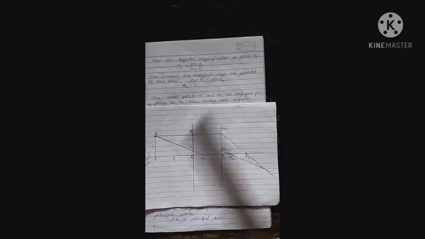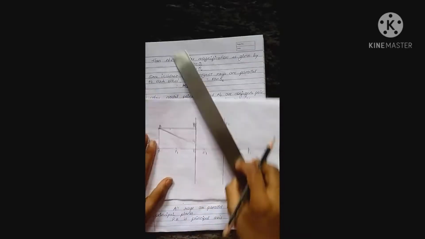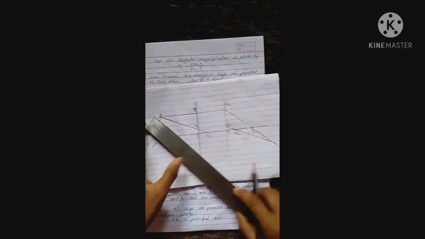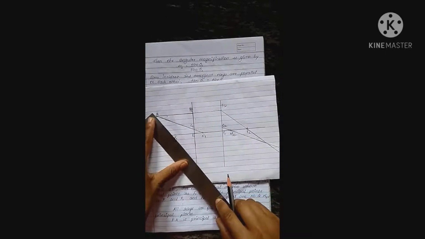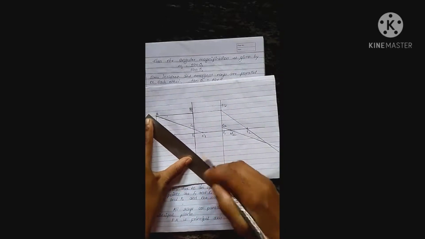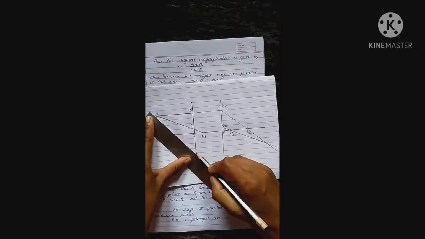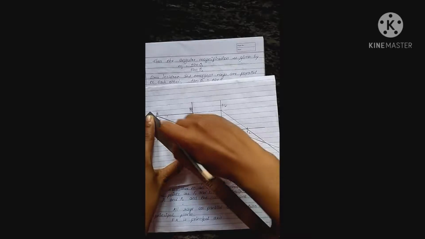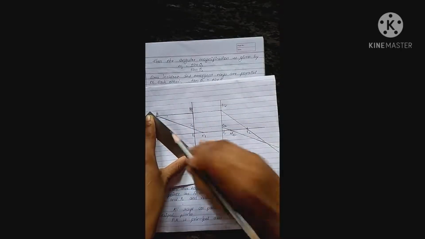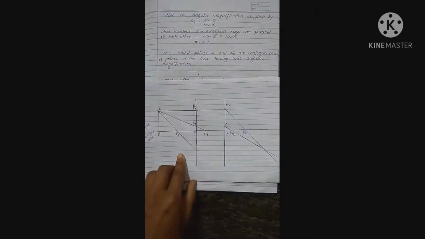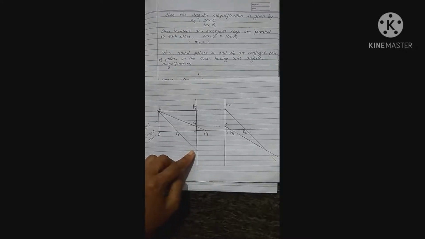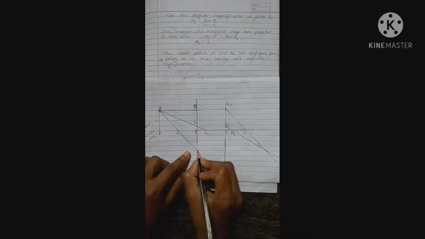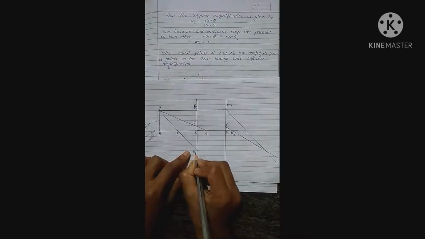Now consider a third incident ray which is passing through the first focal point and intersects the first principal plane, and this intersection point is denoted by D1.